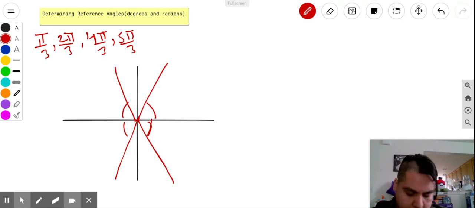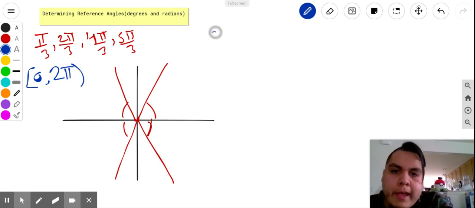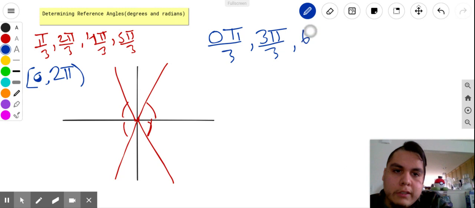So for this one, let's look at what's not included within the interval of 0 to 2 pi. Right, we don't have 0 pi over 3. We don't have 3 pi over 3, and we didn't include 6 pi over 3.